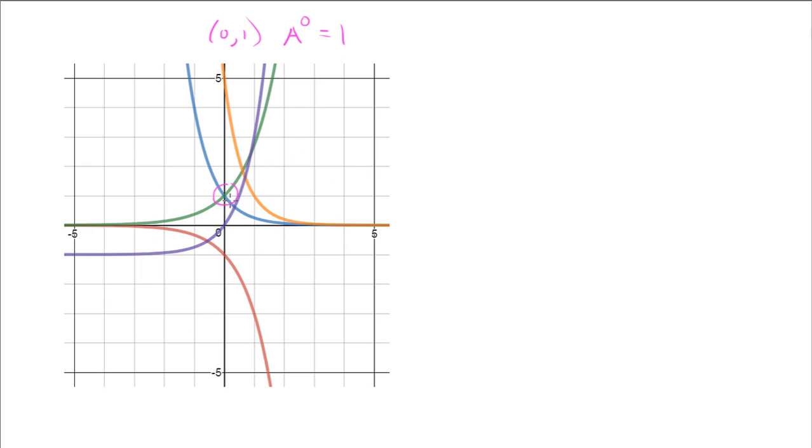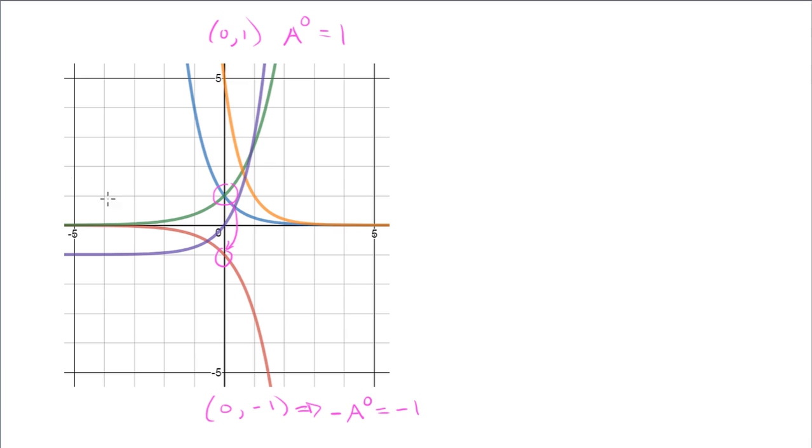Converse to that, this point over here, (0, negative 1), that would be negative some base being raised to 0 gives us a negative 1. And this is about the order of operations.